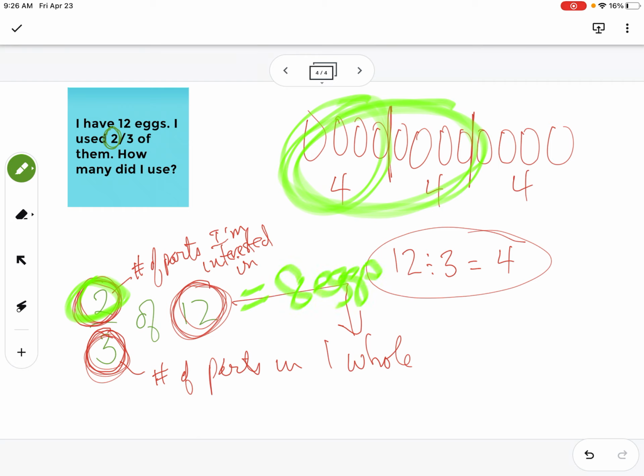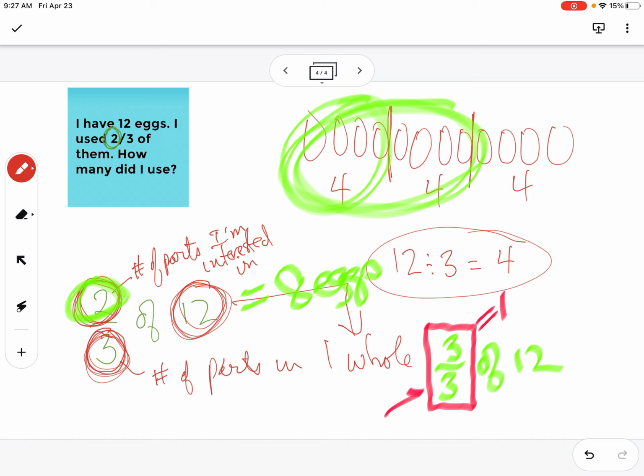Now, it would make sense that if somebody asked me for 3/3 of 12, you would remember from the first series of videos that whenever we have a fraction with the top number and the bottom number the same, it's equal to the number 1, the whole thing.